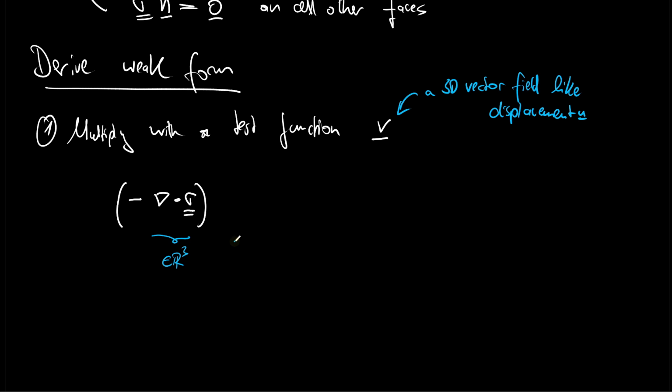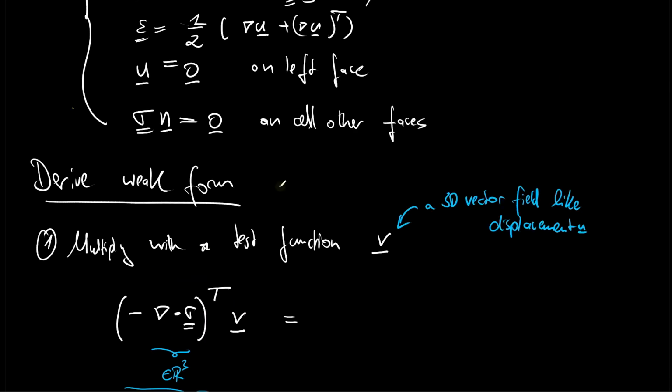And if you want to contract that down into a scalar, we would have to take the scalar product with the test function v. So we do the transpose v. You could have also just put a dot in here, but I want to separate the divergence operator a little bit from the linear algebra operators. So I will use this transpose structure. And then by doing so, the resulting expression will be a scalar.